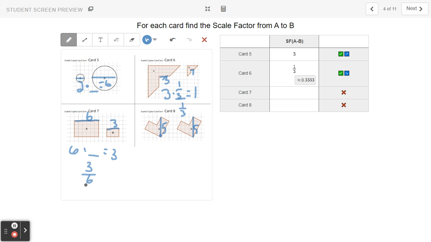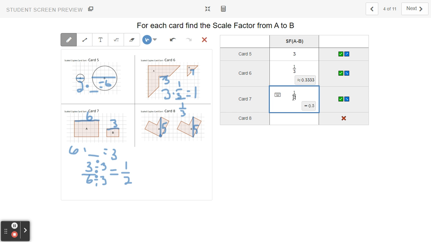That actually gives us the answer, even though it's not in lowest terms, which we can put into lowest terms, or you can put it into the answer key and it should work. But this is something you should know: if you divide both the 3 and the 6 by 3, you get 1/2. So the scale factor is 1/2.